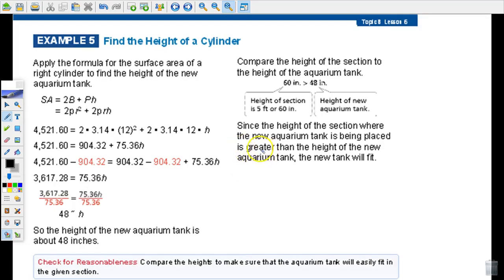So what we're doing here is plugging in all the numbers that we have. So we write out our formula, SA equals 2B plus Ph. Okay? But that really is SA equals 2 pi r squared plus 2 pi r h. Okay, so now let's plug in the numbers that we have.